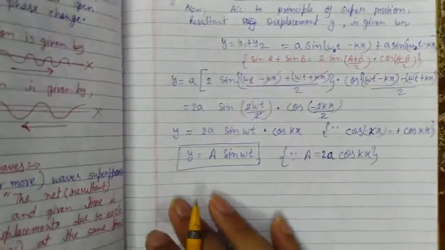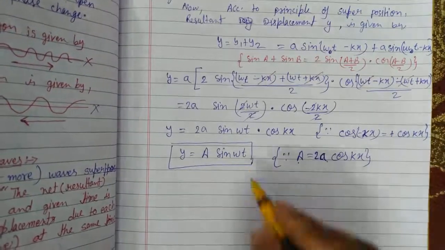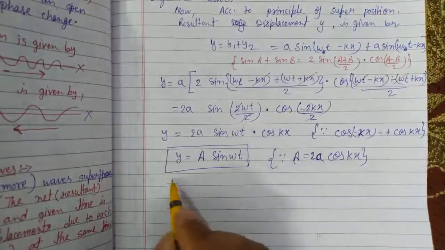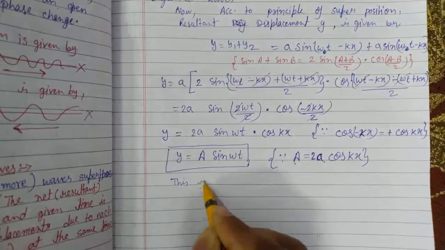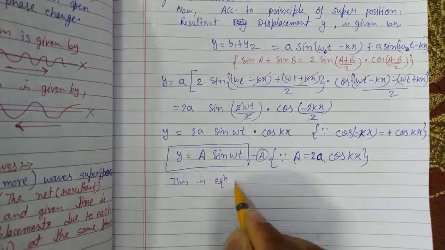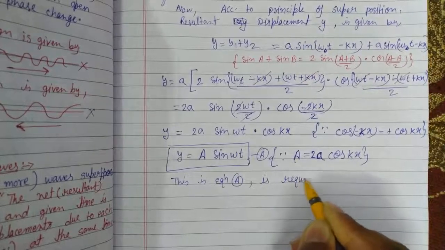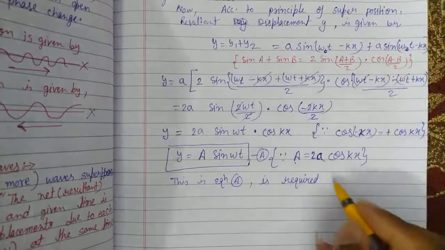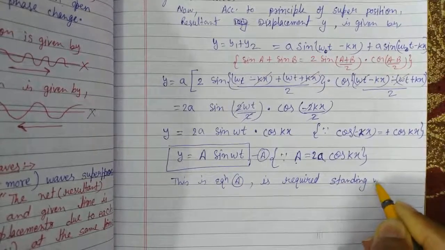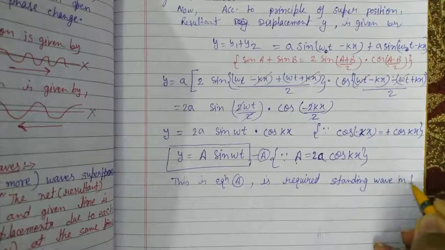This is the amplitude, and this is the equation of the standing wave in the string. Let us call it equation A. Equation A is required for a standing wave in the string.